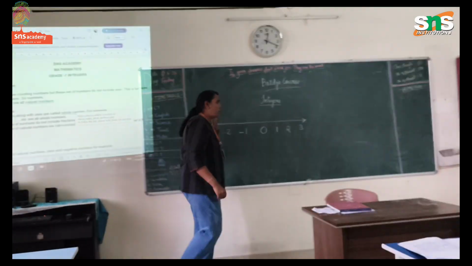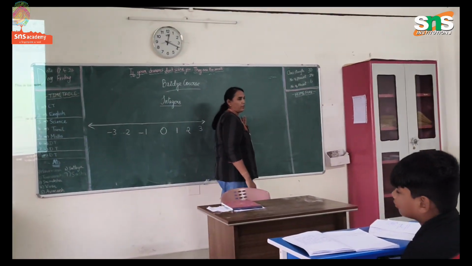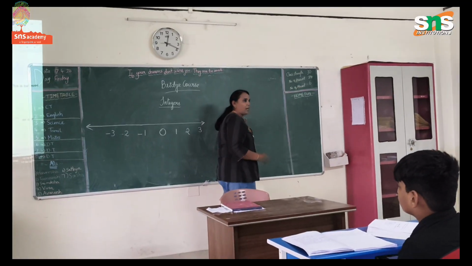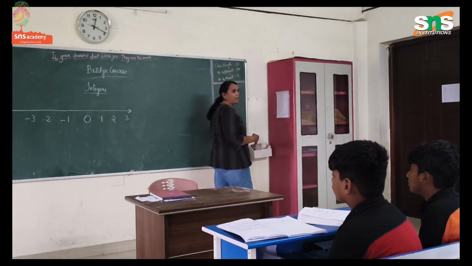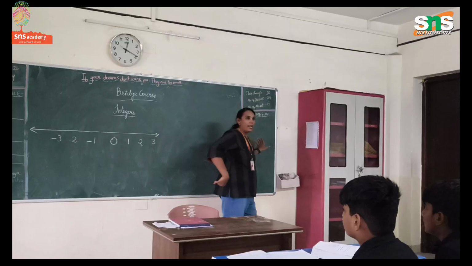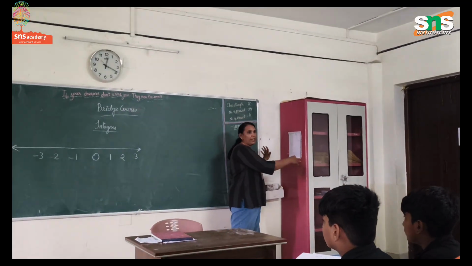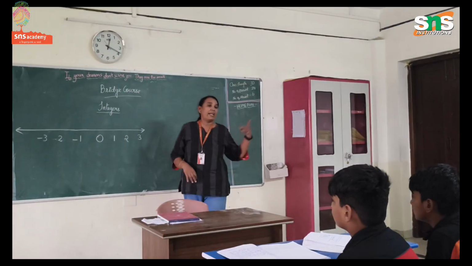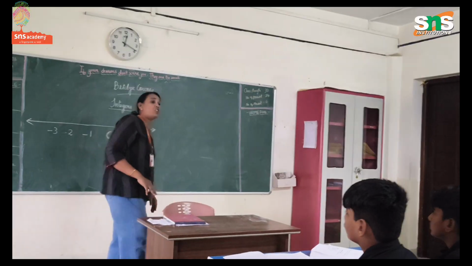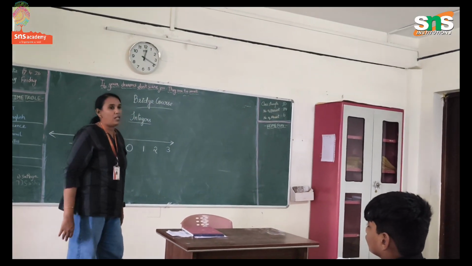Suppose I am earning 1,000, and then 10,000, it's greater. So I move towards my right hand side. When you are moving towards the right hand side of the 0, always the value will be increasing.